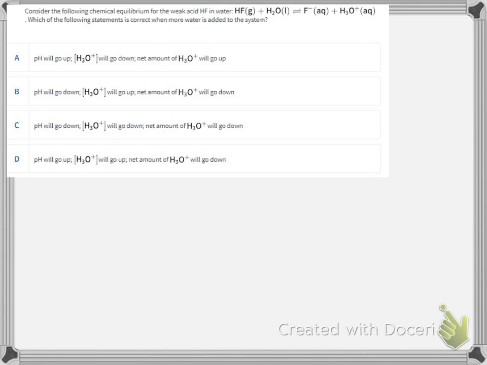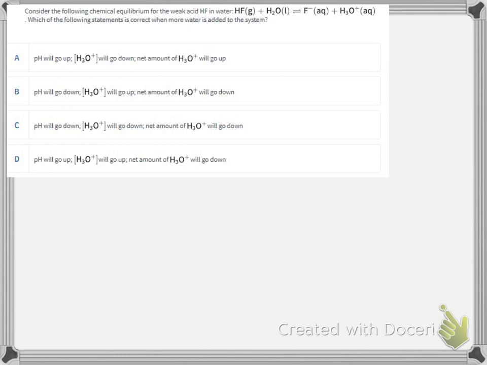Okay, so this is the second part of Unit 6, Module 2a and b, and it has to do with shifting. We're given a Ka reaction, and what we want to know is what happens if water is added to the system? What do we expect to change?